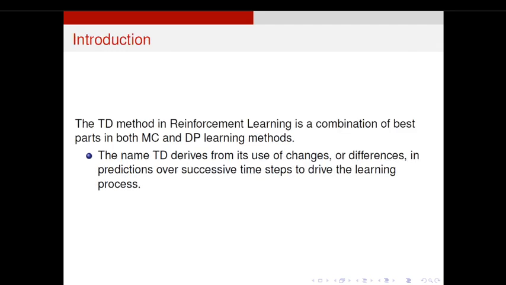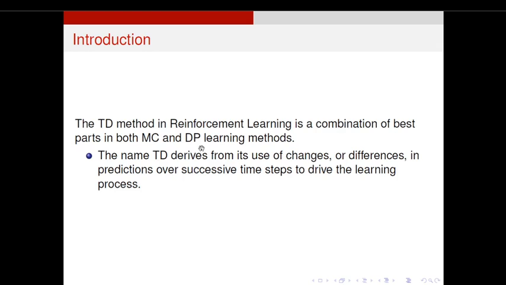First of all, let us see what temporal difference is and its use in reinforcement learning. The temporal difference method in reinforcement learning is a combination of the best parts of MC and DP learning methods. That means it is a best choice from MC and DP.